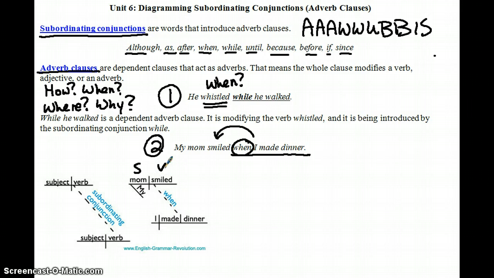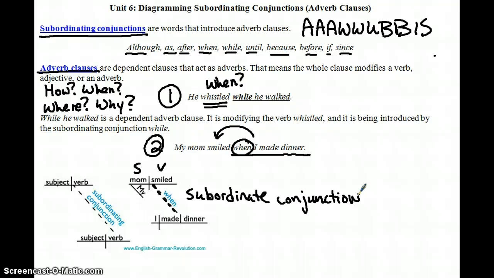And then we take a dotted line and we connect from the verb to the other clause, the dependent clause. And we put the AWUBIS word, that subordinate conjunction, on that dotted line. Just like we put the coordinating conjunctions on the dotted lines, the subordinate conjunction, when, goes on a dotted line off of the verb.